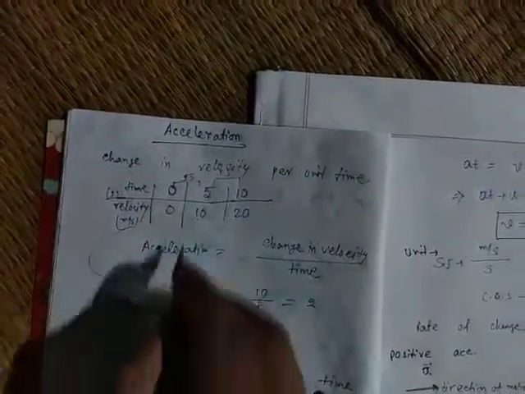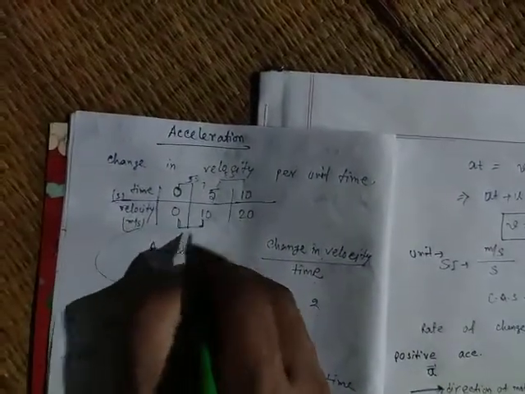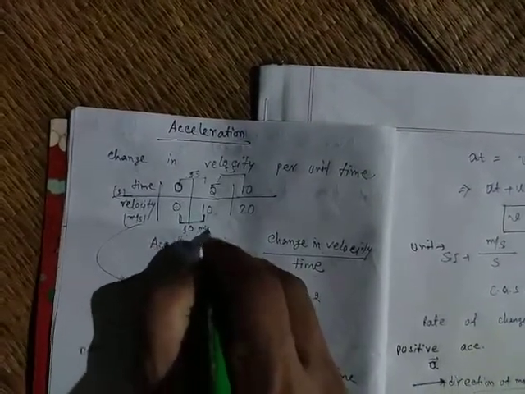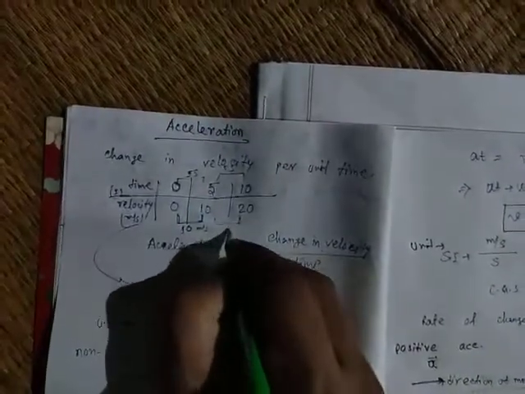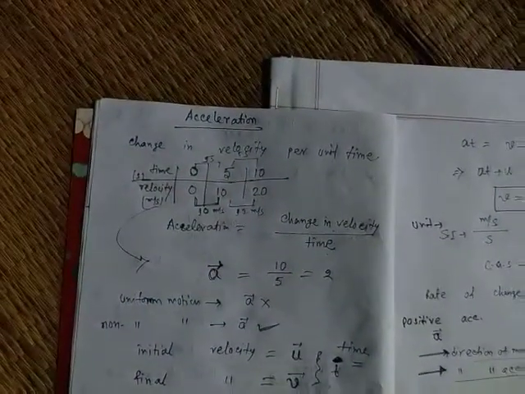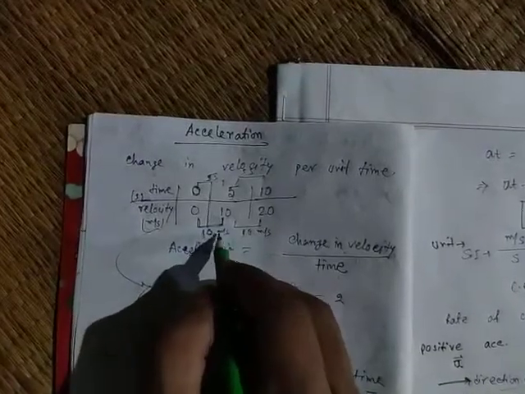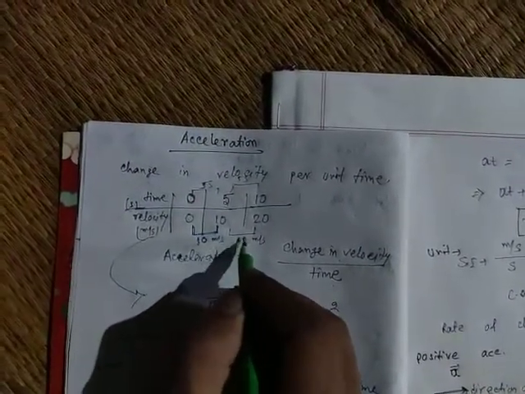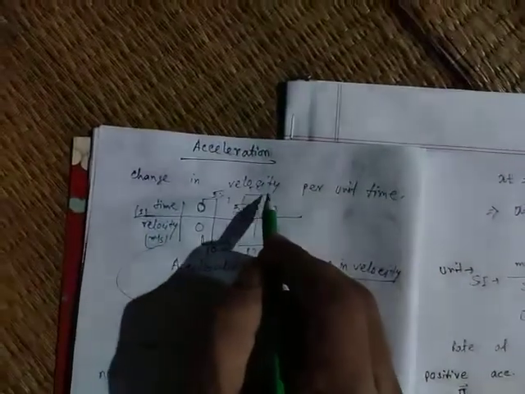In the first 5 seconds the velocity is increased by 10 meters per second. Again the velocity is increased by 10 meters per second. So the velocity of an object changes by an equal amount in equal intervals of time.